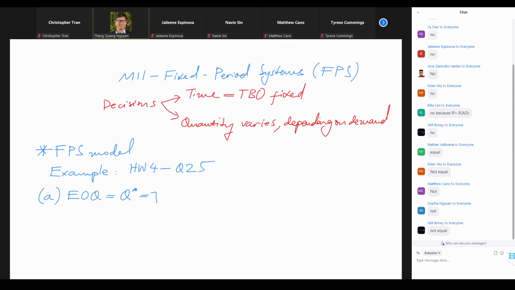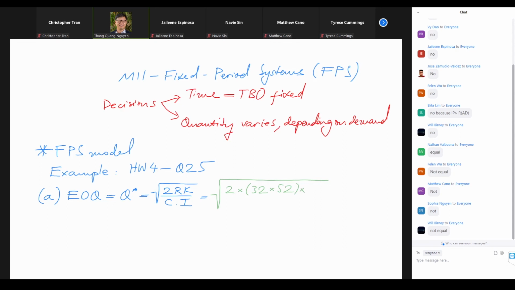Remember, that's the square root of 2RK divided by C times I, right? So all the numbers are already given by the question, so we will do the following. All right, so we put in 2. The demand per week is 32, but then we have 52 weeks in the year. So remember, R is the demand for the whole year, right?